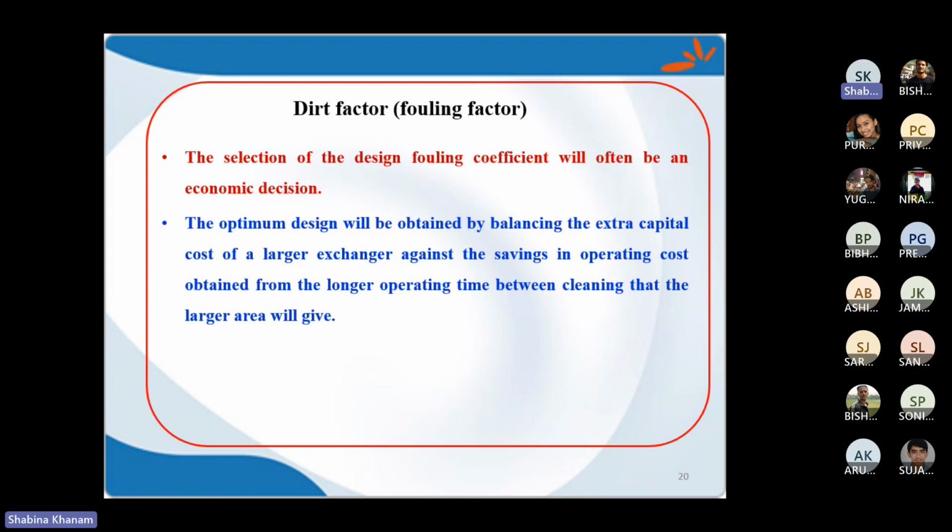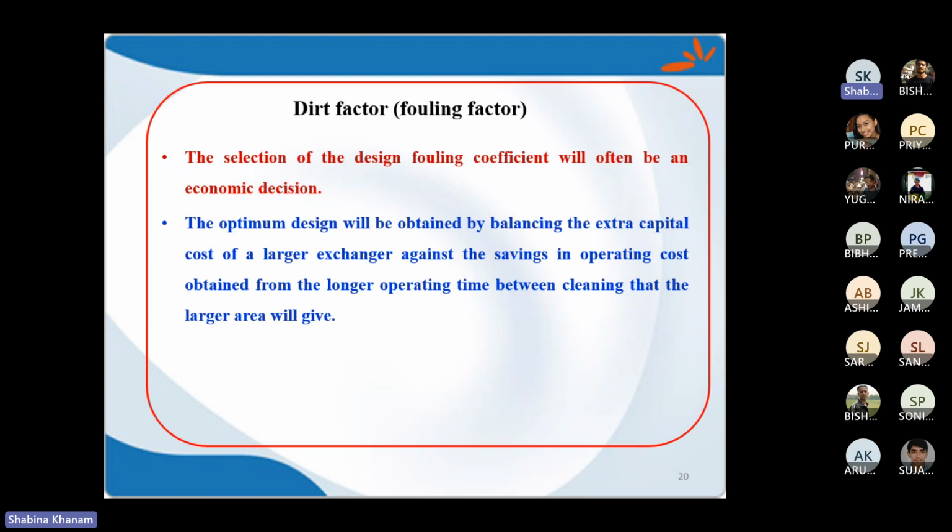Longer time means a longer interval before cleaning is needed, so operating cost will be less, because the cycle time to clean would be larger. So a larger heat exchanger will have more capital investment but less operating cost. That is the perfect case for optimization.